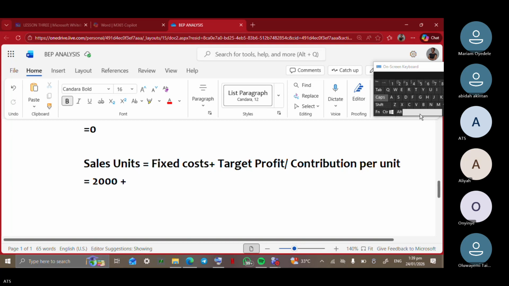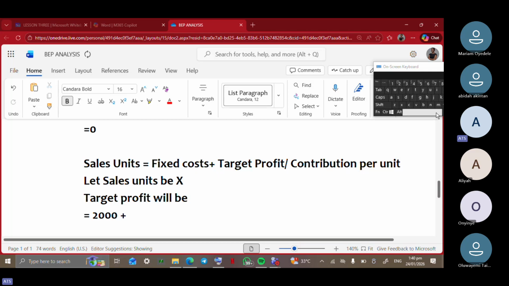So now that's where the problem comes in. The problem now is we don't even know what our sales units are. So let's assume let our sales units be X. So if our sales unit is X, what will our target profit be?